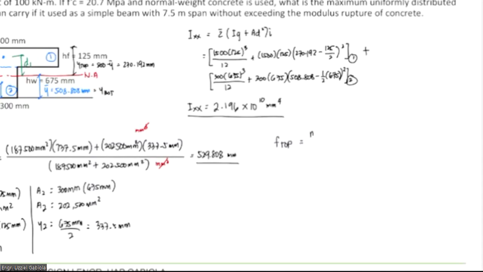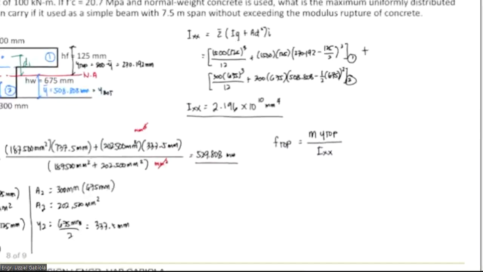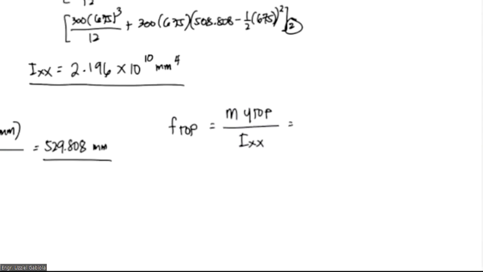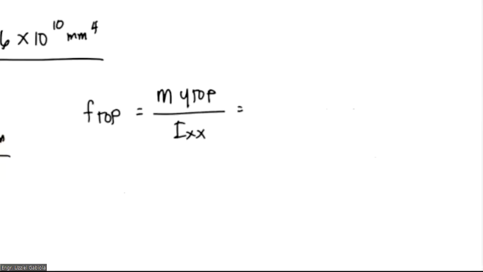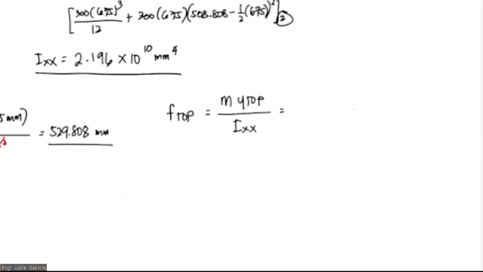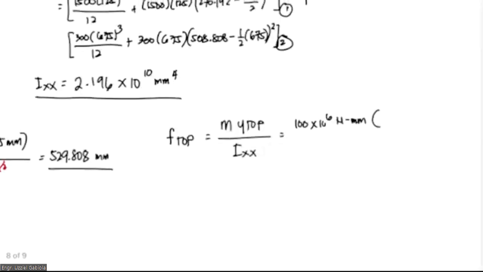So we have M Y top over I XX. Okay, so we have the value of our moment is 100 kilonewton meter. Okay, so let's do that. So 100 times 10 to the 6 Newton mm. Okay, I'm converting already.